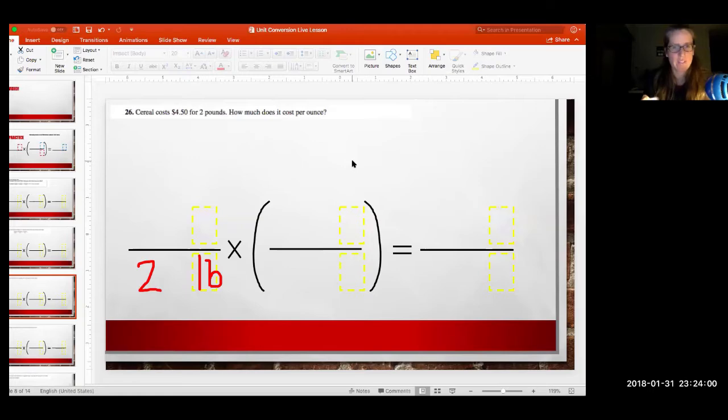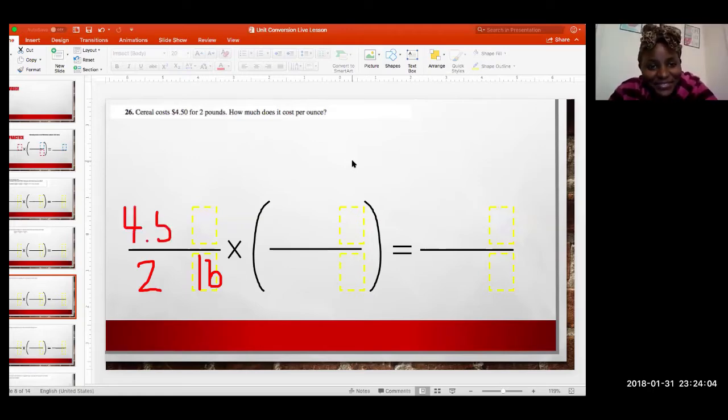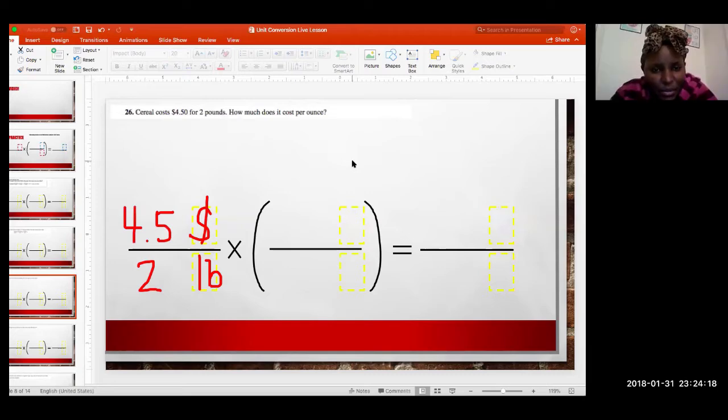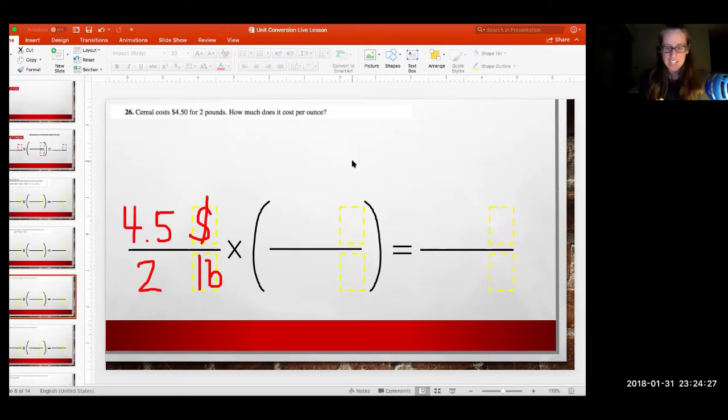Wait, where did my 4.50 go? Hold on. It disappeared. Okay, stop disappearing. Okay. And then, Lena, what are we looking for? What do we want? We want, how much does it cost per ounce? Read the last 3 words.